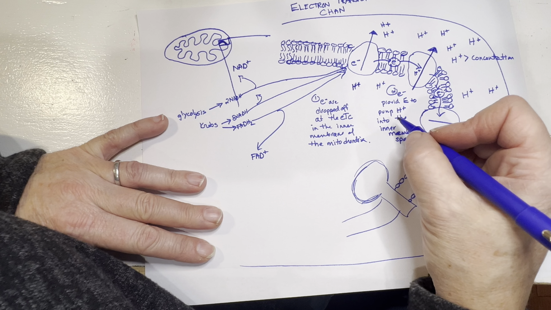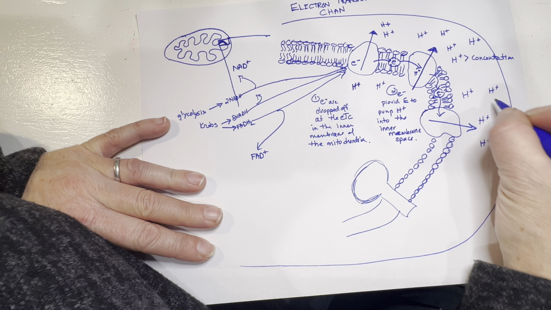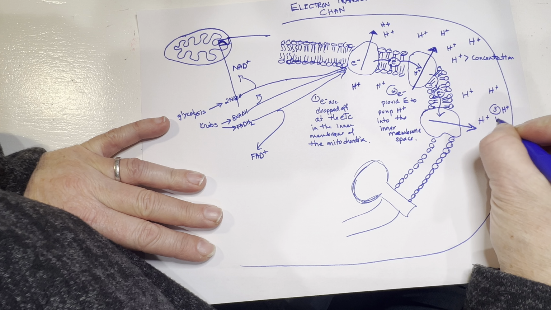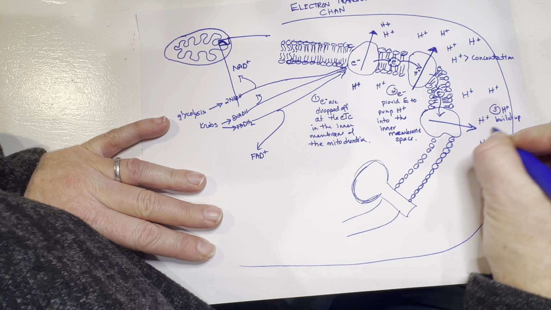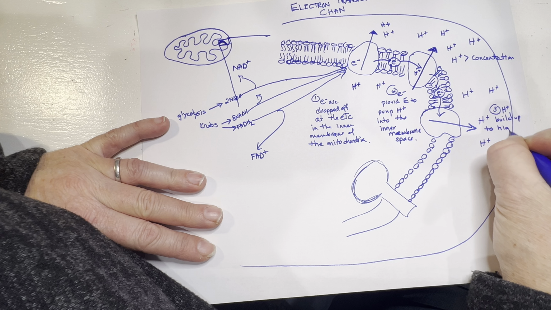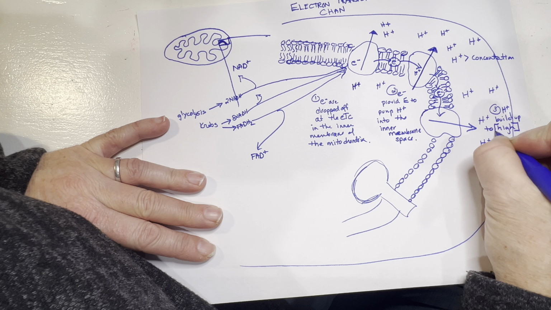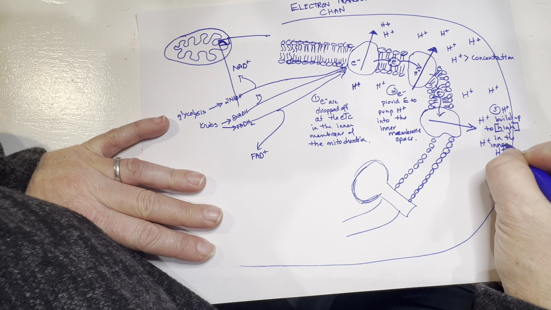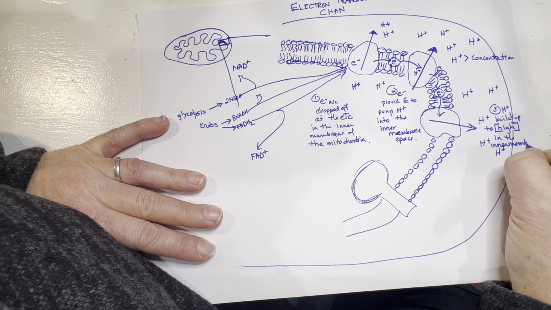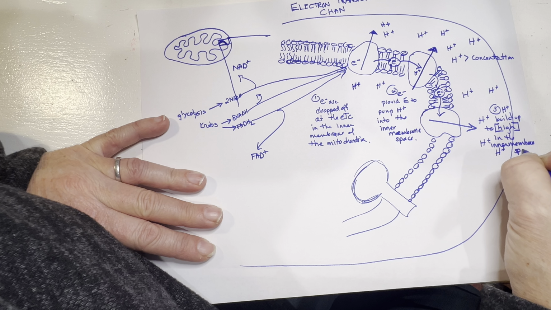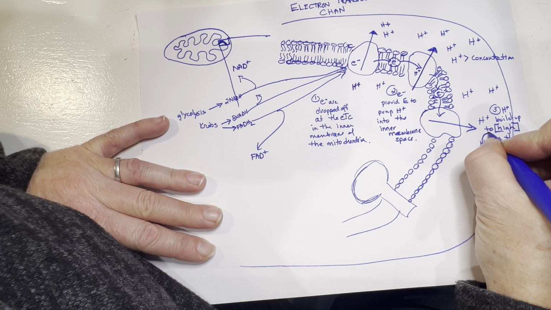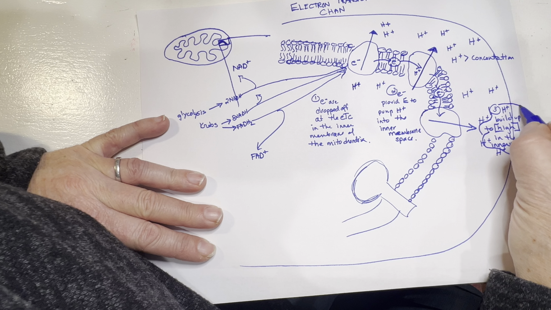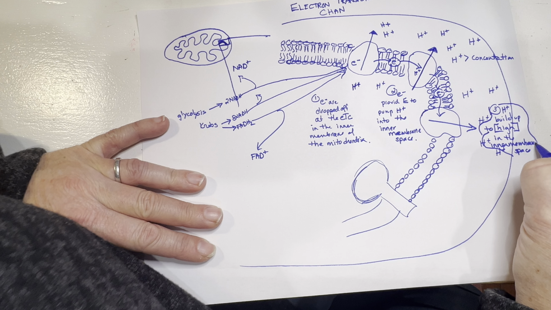And in step 3 here, we'll say hydrogen ions build up to high concentration in that inner membrane space, separated from our matrix.